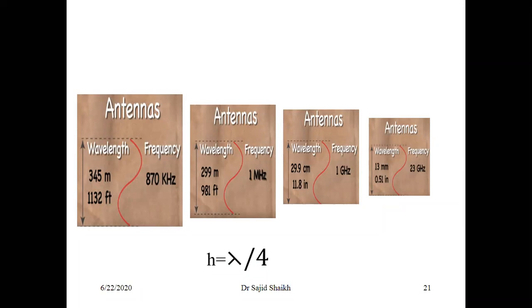When we want to transmit a signal using ground wave propagation, we have to establish an antenna. In all three types, space wave, sky wave, and ground wave, we need an antenna, which is obvious, because without an antenna we cannot transmit the signal.